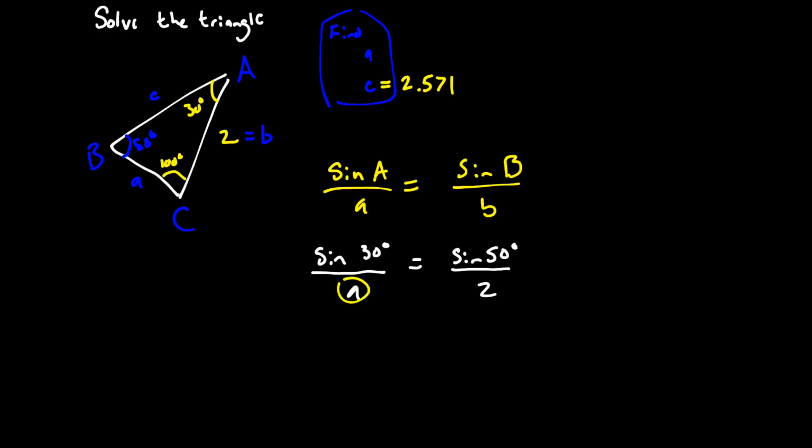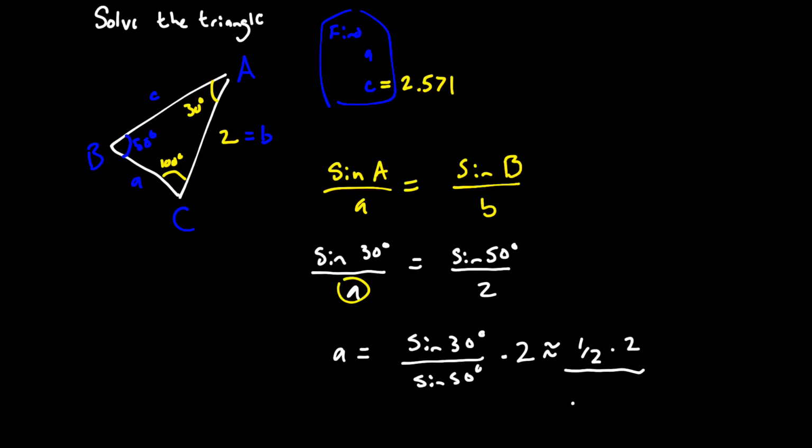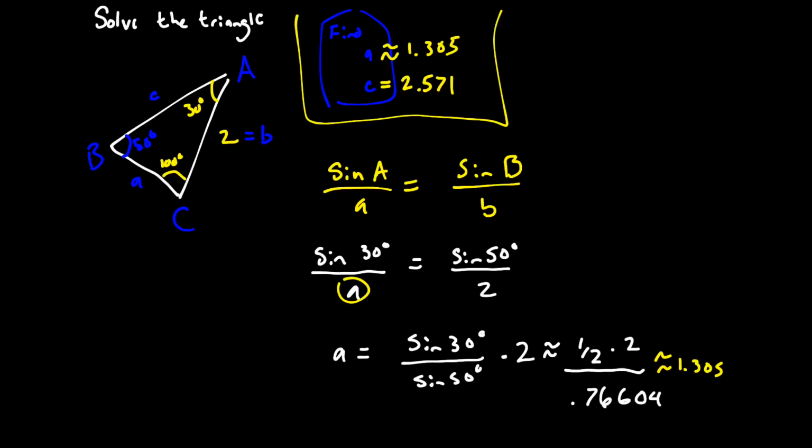And this is going to give us that a is equal to sine of 30 degrees divided by sine of 50 degrees times 2. And this is going to be about equal to 1/2 times 2 divided by 0.76604, which is about equal to 1.305. And we're done. We found all the sides and all the angles of our triangle.